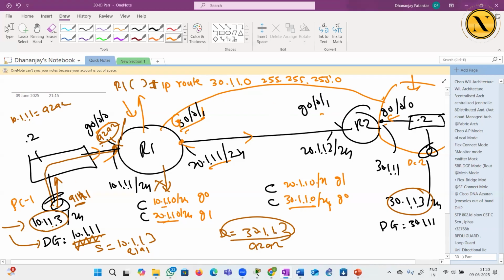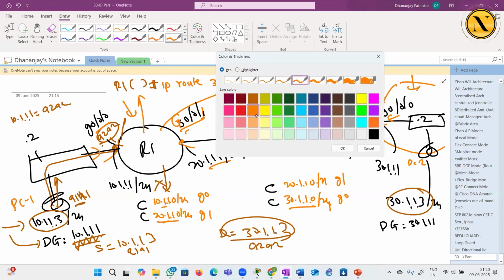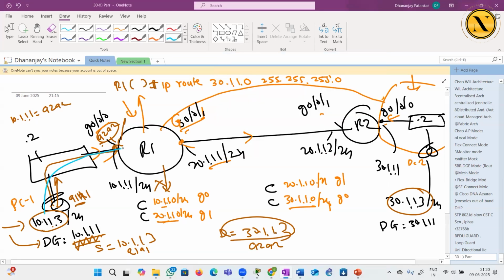And if I get a packet from my LAN for 31 something, what do I do? I should forward from my gigabit 1 port and to this guy, 20.1.1.2, right? So who's my next hop? 20.1.1.2. Got it? And not 20.1.1.5 or 20.1.1.6.